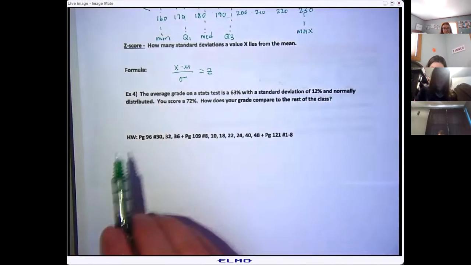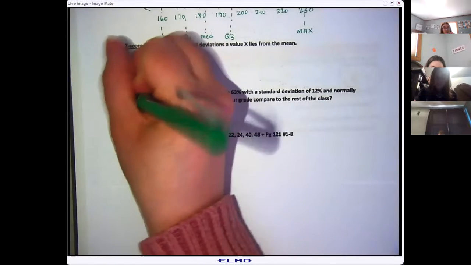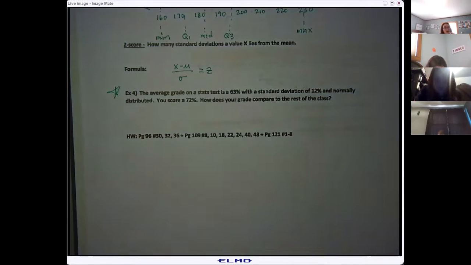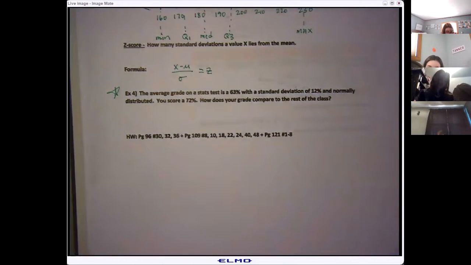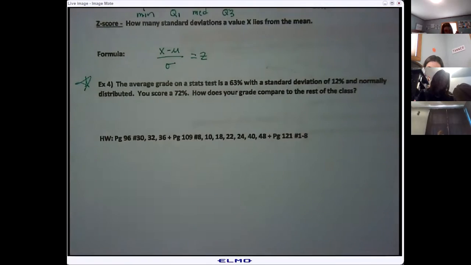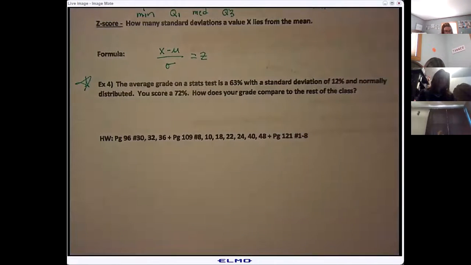All right. Let's give a prize for this last one. See who can do it. It says that the average grade on a stats test is a 63% with a standard deviation of 12% and normally distributed. The normal part is important because otherwise you can't do a z-score at all for it.